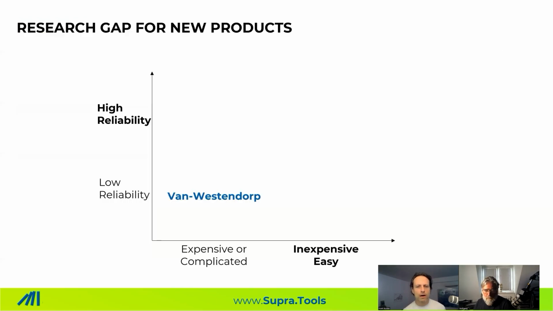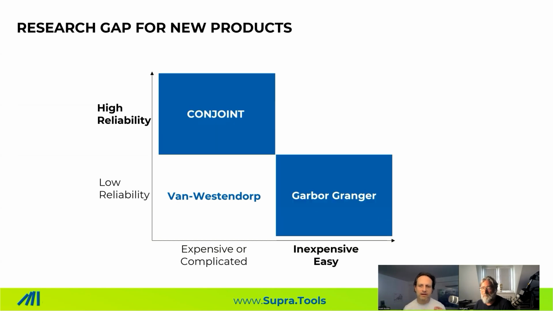So when you want to group those methods, let me also quickly introduce what they are. There are basically three of them in use right now. The first is van Westendorp, sometimes referred to as the price sensitivity meter. Basically, it asks open questions: what's too expensive, what's expensive but acceptable, what's a fair price, what's too low.